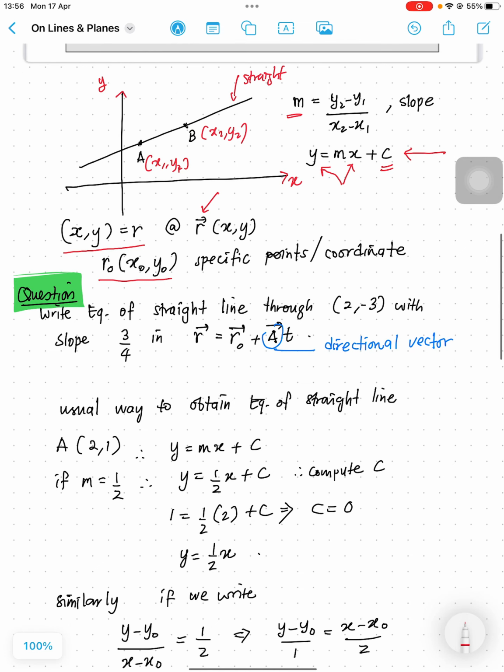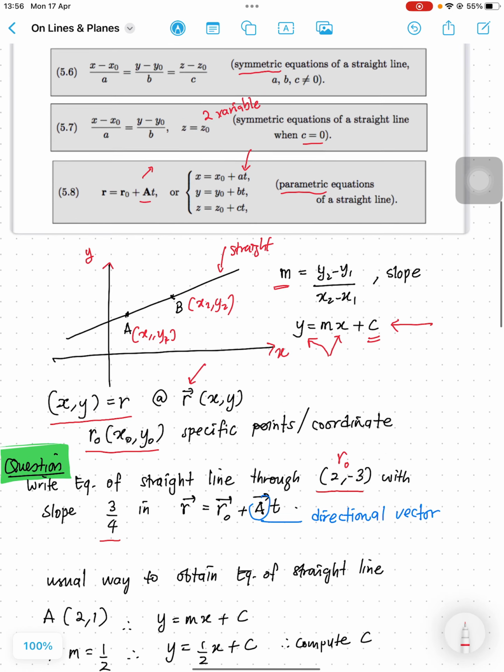We want to write equations of a straight line through a point. So a given point here, usually we treat this as r0 with a slope. So you are given a slope 3/4. In parametric form, you have a directional vector over there.